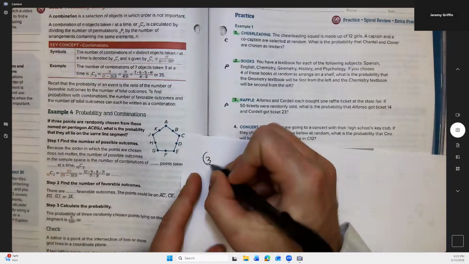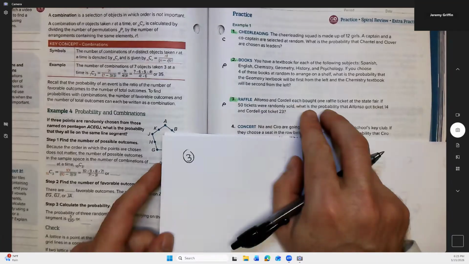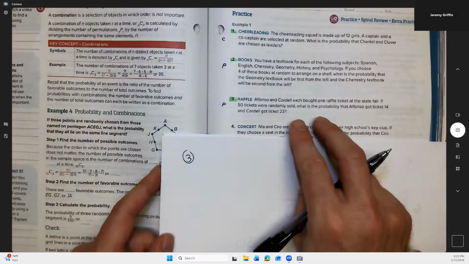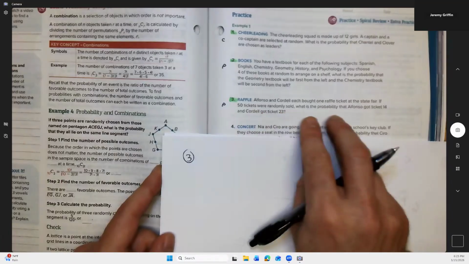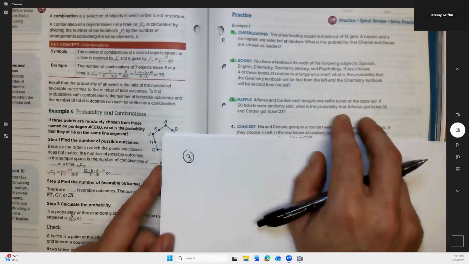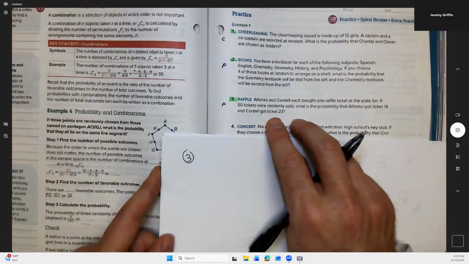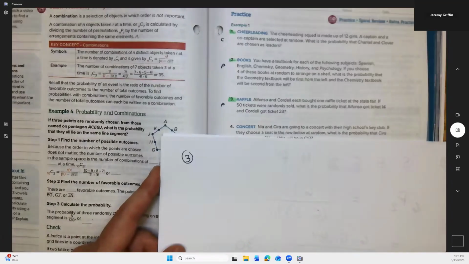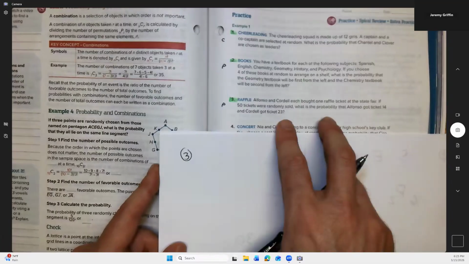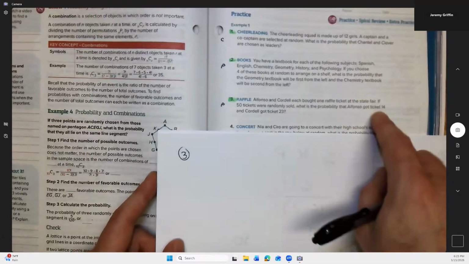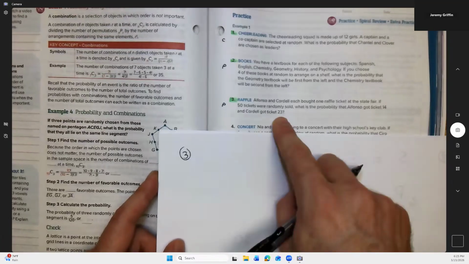Alfonso and Cordell each bought 1 raffle ticket at the state fair. If 50 tickets were randomly sold, what is the probability that Alfonso got ticket 14 and Cordell got ticket 23? Okay, well, let's see. That's a specific ticket and that's a specific ticket.